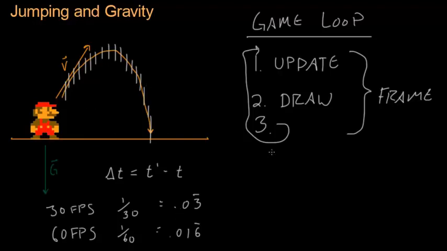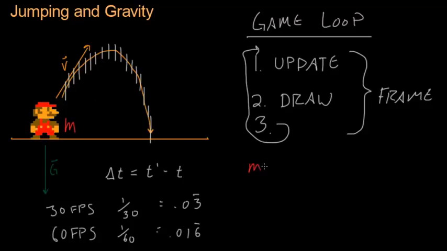We can break this up into little tiny pieces. So let's look at how Mario's position, which I'm going to label M, Mario's current position is M, and how do we update Mario's position every frame in order to get this curvy thing?